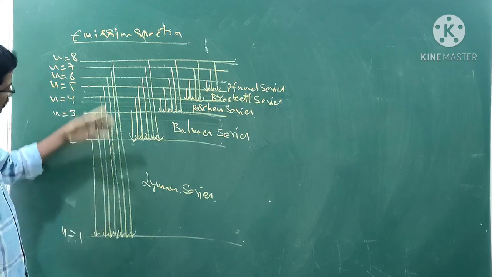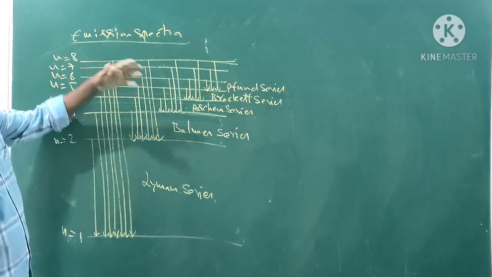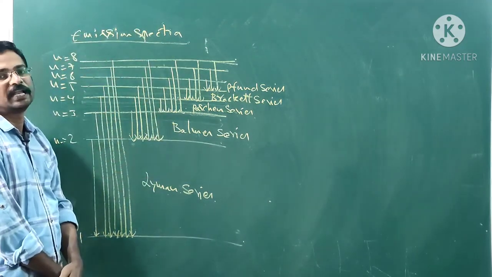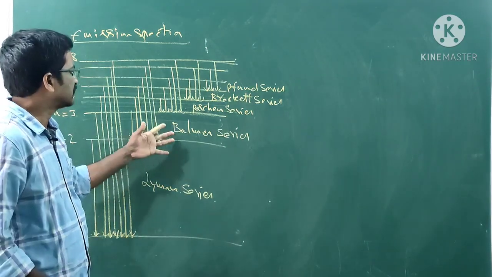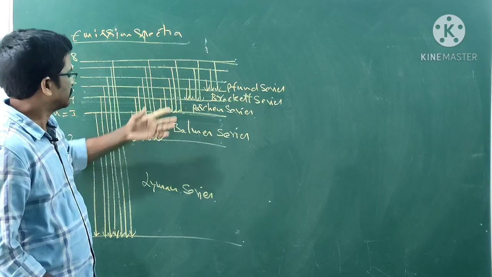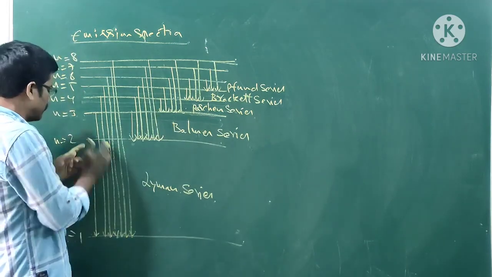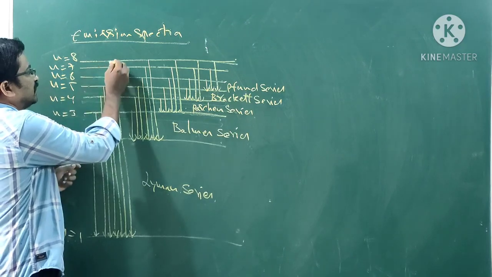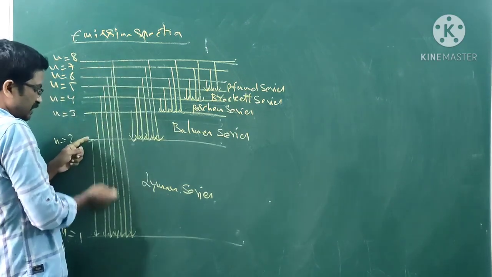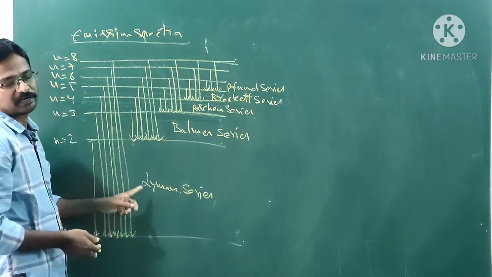Reverse the arrow mark and you can get the absorption line spectrum. Indicate the arrow mark like this, and you can get the absorption spectra.